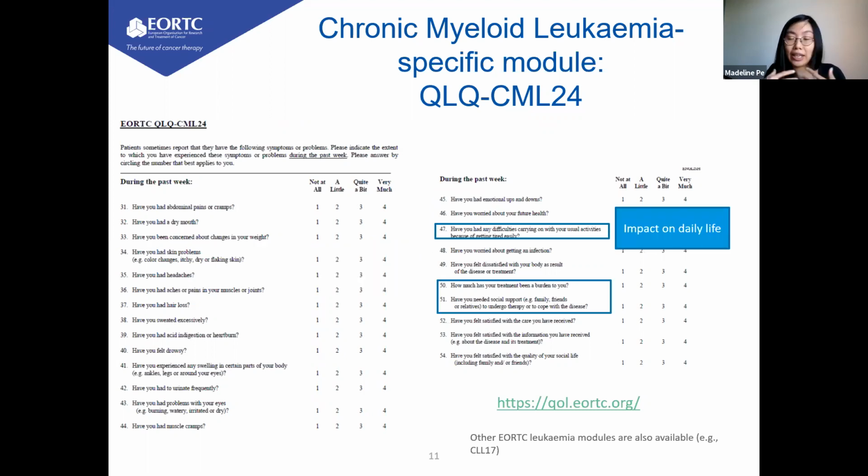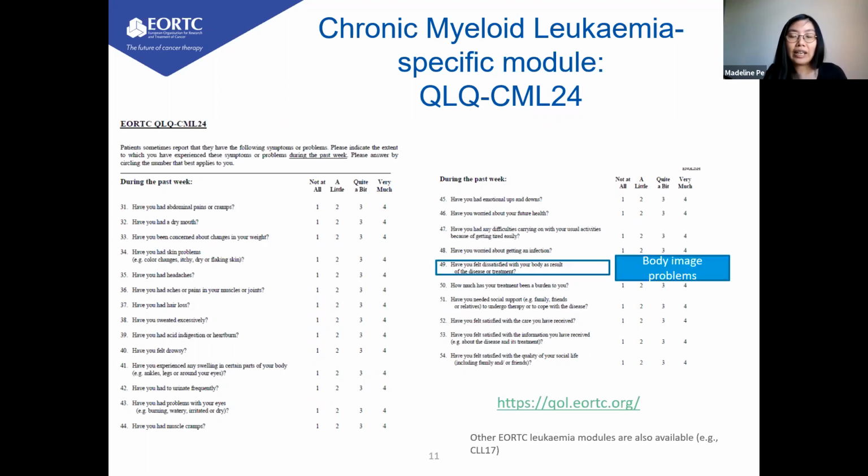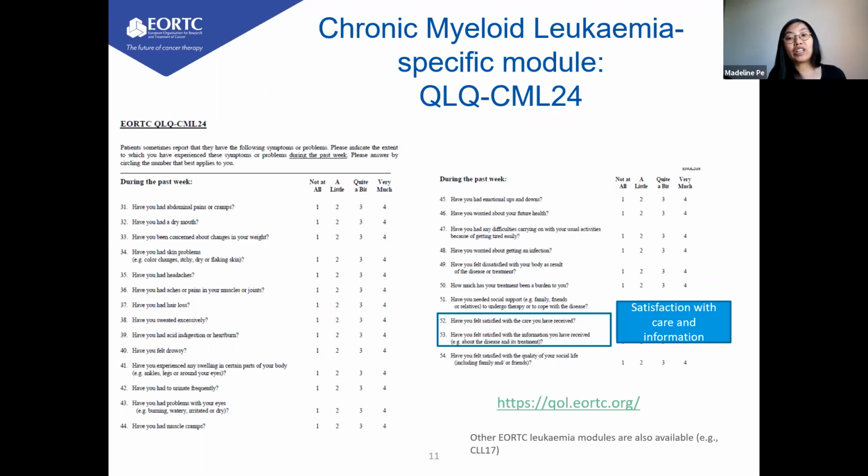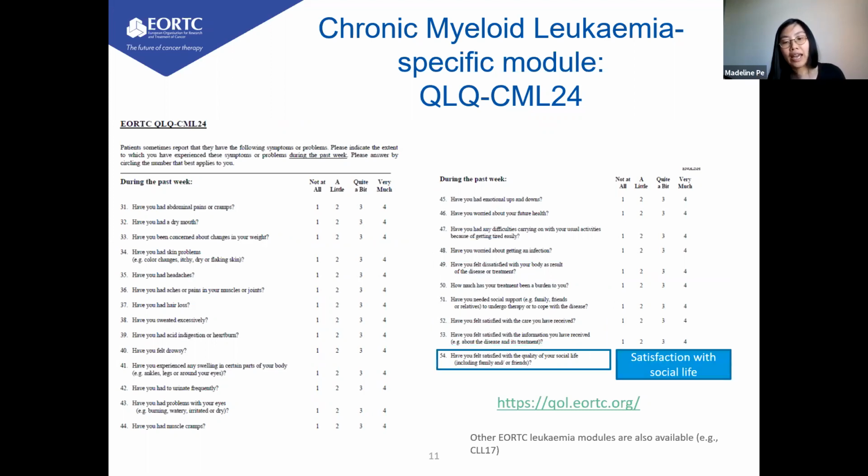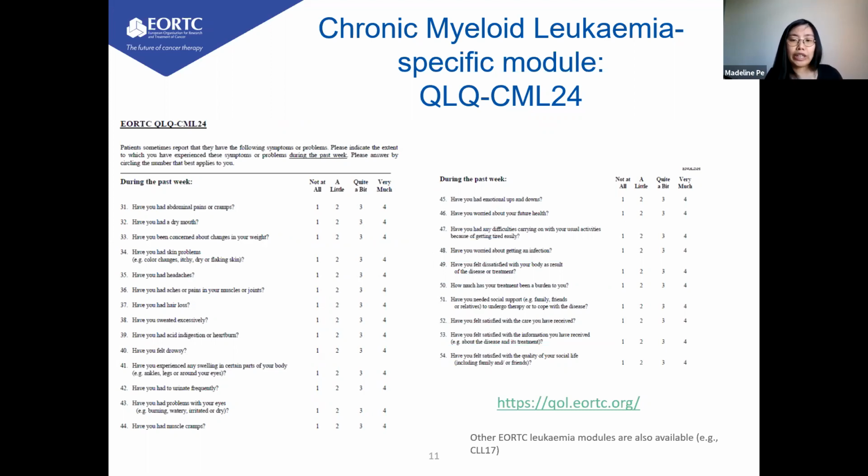They said that this was the impact of the disease on their daily life. Next, we have body image problems. The satisfaction with care and information, and also their satisfaction with social life. So this is just for the CML, but there are also other leukemia modules that are available that are relevant for this patient group.